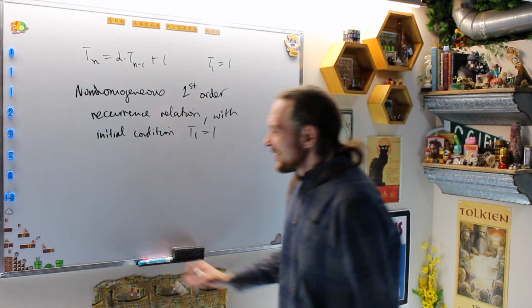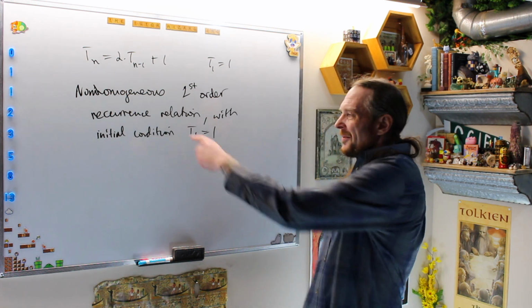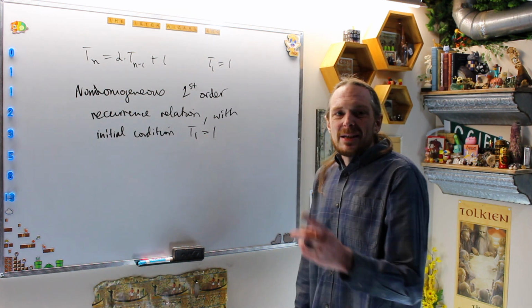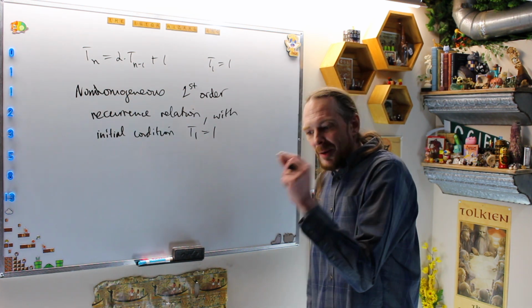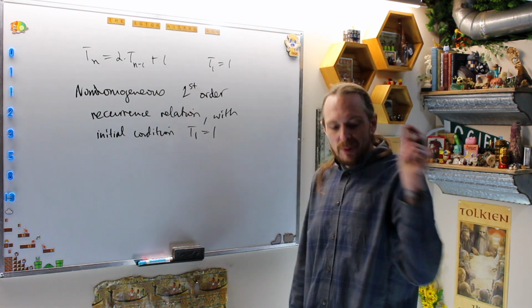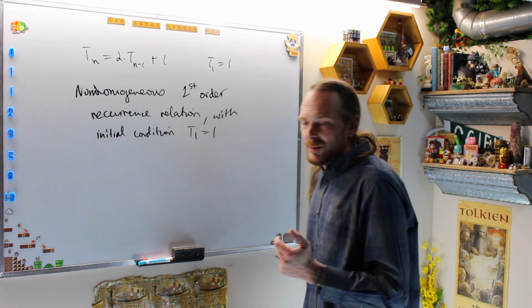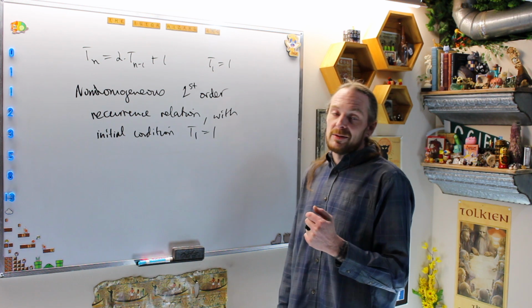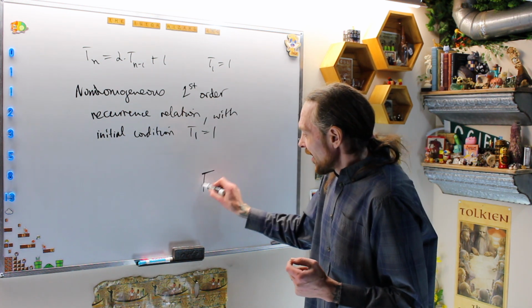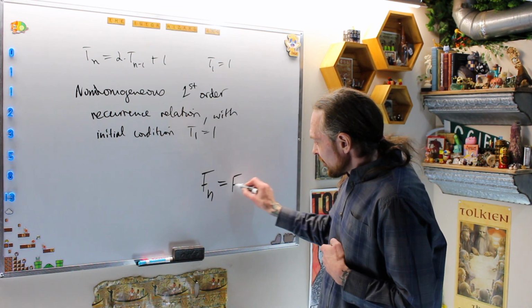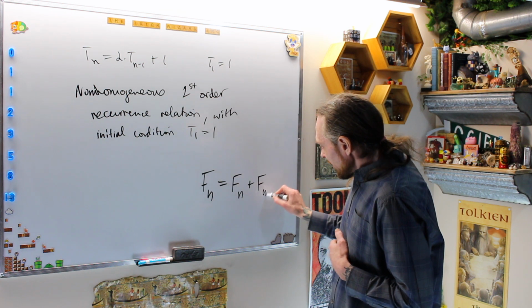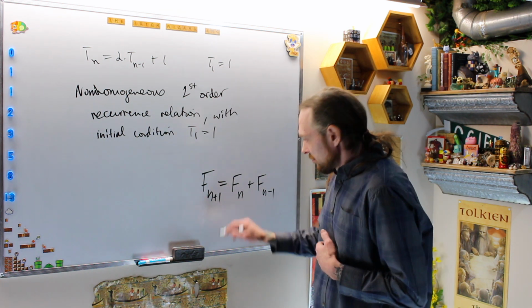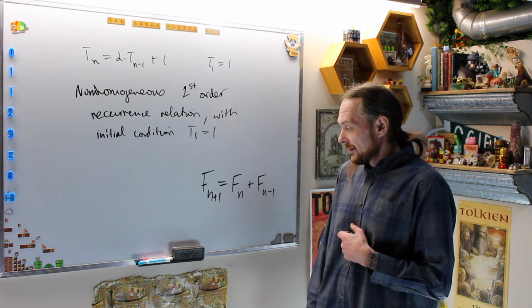Remember, recurrence relation is a fancy way of saying it's a list of numbers, and I get each number in the list by knowing previous terms. The Fibonacci sequence, which we're going to do a ton of videos on, is a recurrence relation where the nth Fibonacci number is just the sum of the previous two.